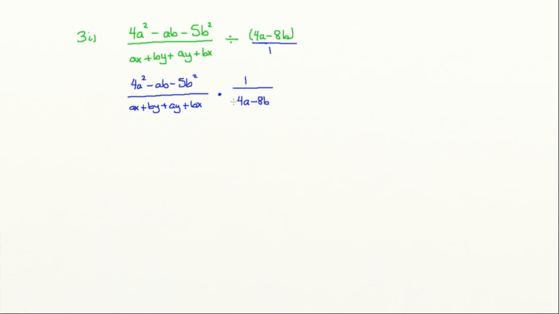All right, let's do some factoring. Our first thing to factor is 4a squared minus ab minus 5b squared. Let's do our box method.